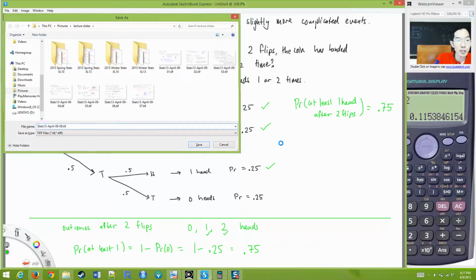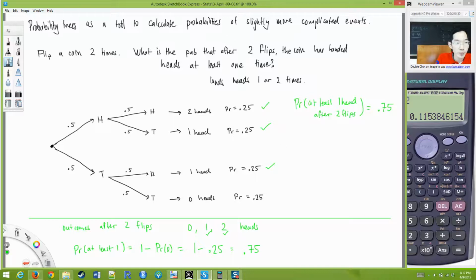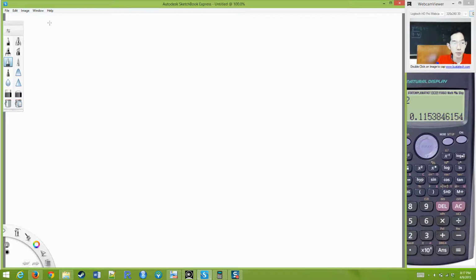Let's just complicate this just a tiny bit more. And we will do an example. Pretty much the same thing. Okay, we're going to flip a coin 2 times. But this time the coin, you know, is bent or weighted or is odd, magical, and has the probability of landing heads equal to 0.7.